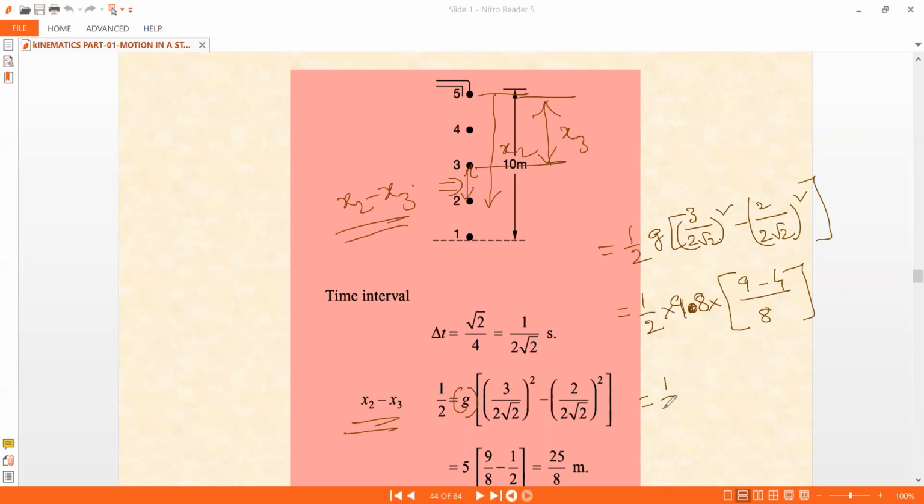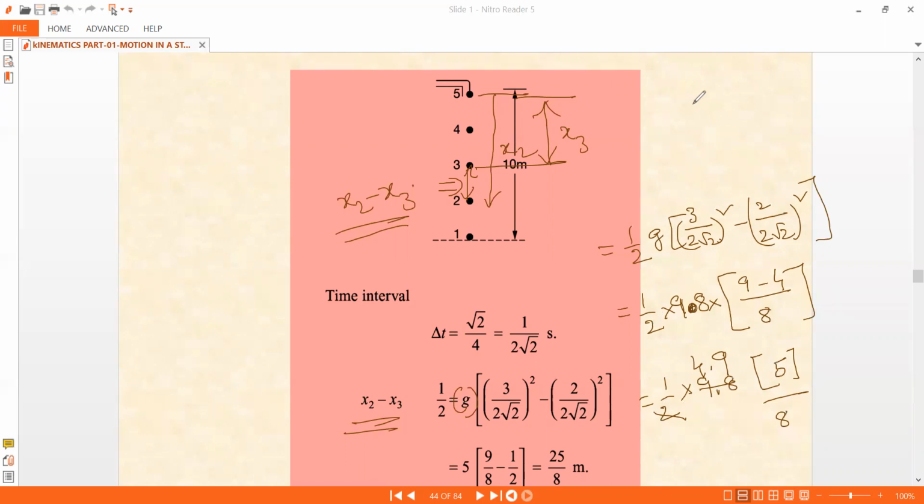So half into 9.8 becomes 4.9, and then you have 5 divided by 8 once again. So 4.9 into 5 is the calculation we have to do.